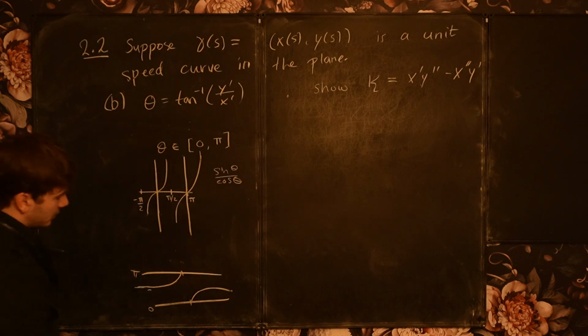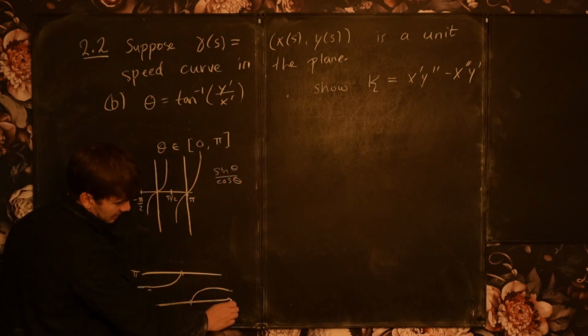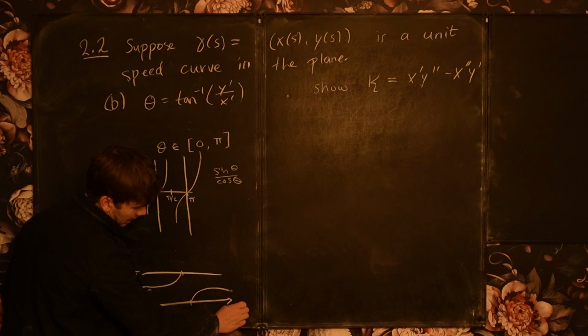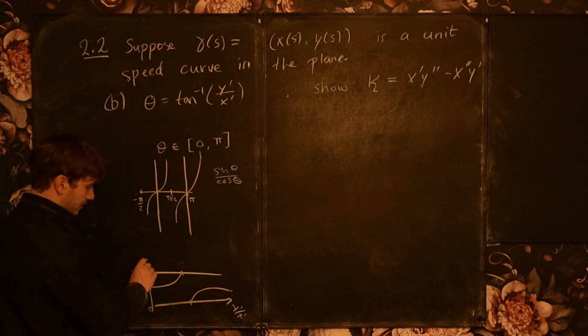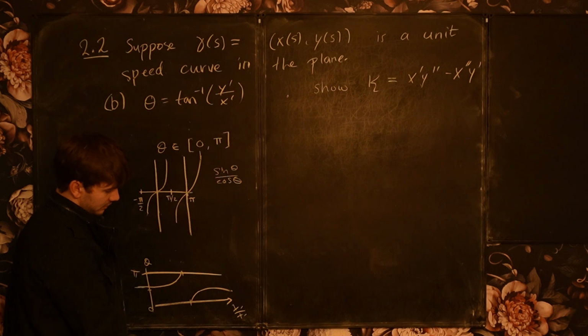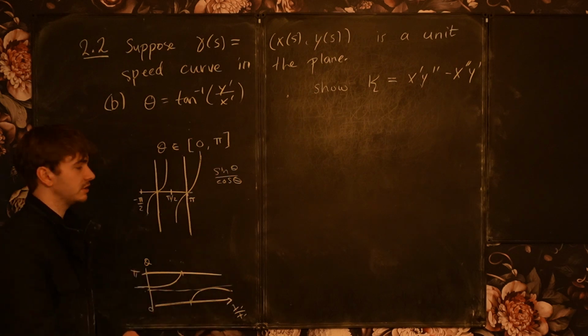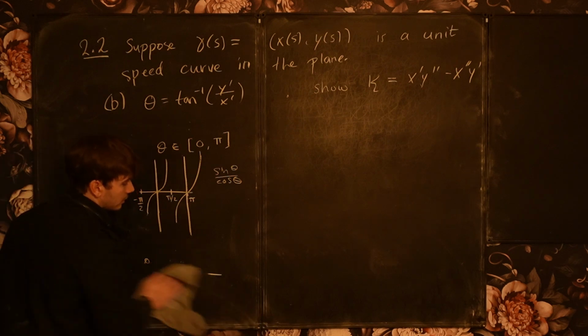I should specify that the x-axis here is y prime over x prime, and the y-axis is theta, and this is just the graph of the arctangent function, the branch that we're considering.